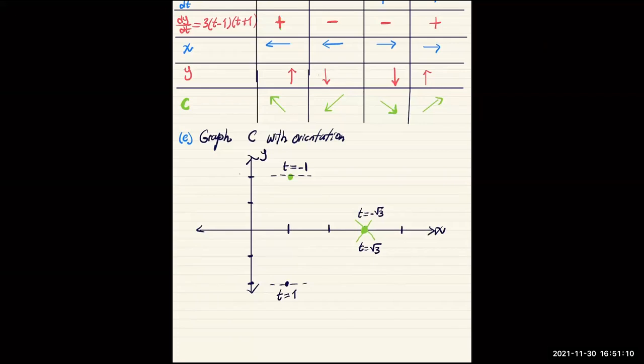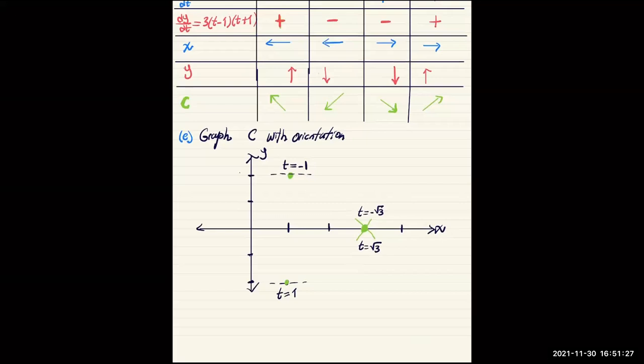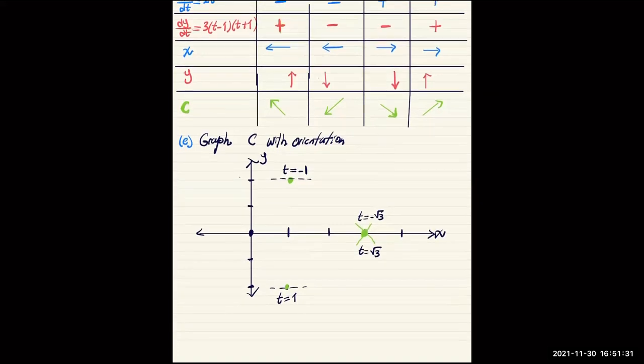The point of vertical tangency is at 0, 0, the origin right there, and this is happening when t is 0. We have vertical tangency at that point. Again, this is corresponding to t equals 0.